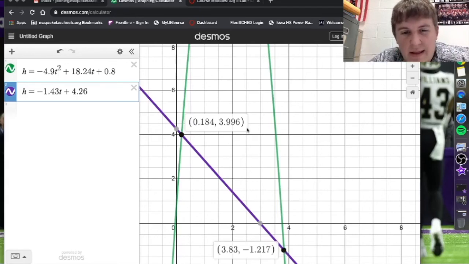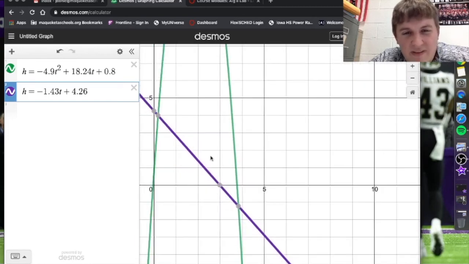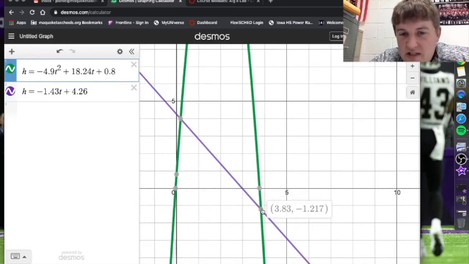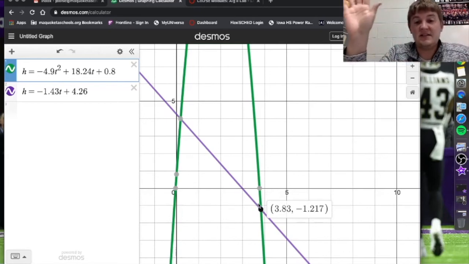Okay, so if this green path is the height of the ball and this purple line is the height of the blocker's hands, one of these points doesn't make a whole lot of sense. Mathematically, is this a solution where the height of the ball and the height of the person's hands are the same?